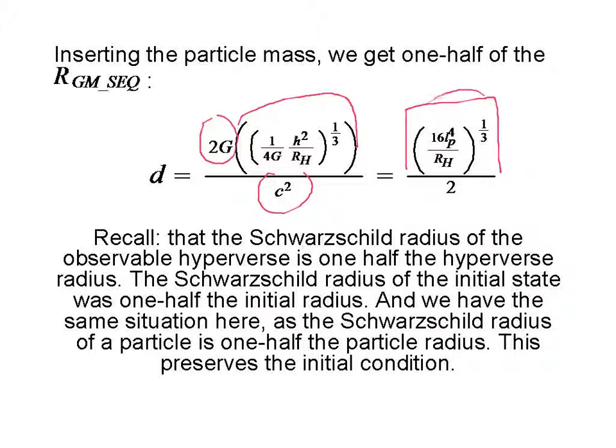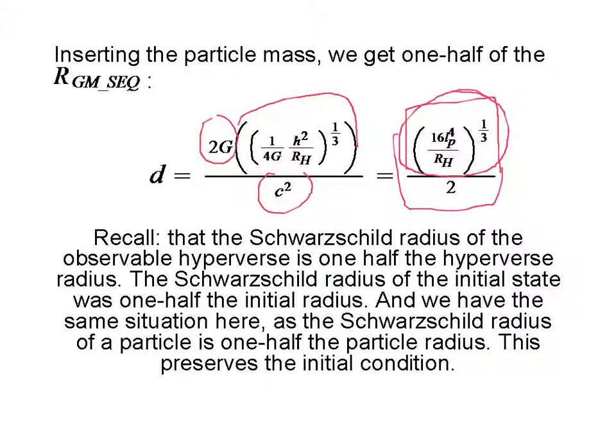This is the value we claim is the radius of a particle. So it's 1/2 that radius. It matches what we saw for the observable universe, for example. Recall that the Schwarzschild radius of the observable universe is 1/2 the hyperverse radius.